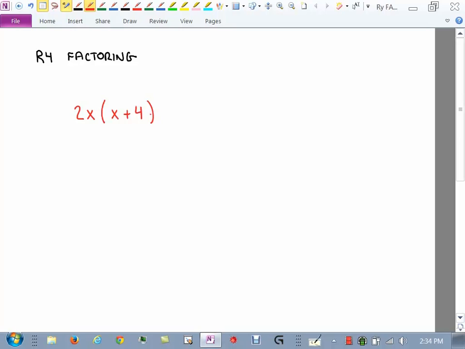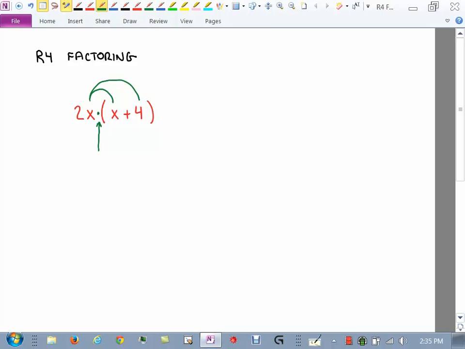It's a mathematical expression. Right now, one thing we could do is multiply this out or expand it, which would mean distribute the 2x through the parentheses using the fact that this right in here is an implied multiplication. We don't usually write the dot or the multiplication symbol, but it's implied, it's understood.